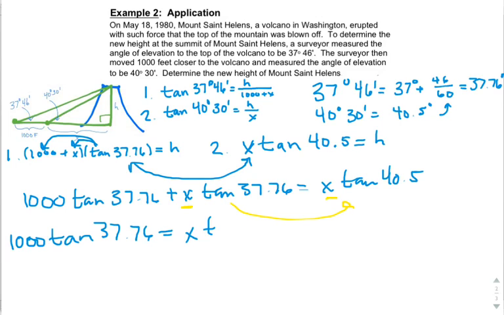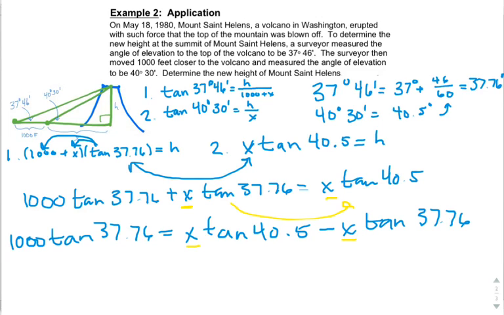times tangent of 40.5 minus x times tangent of 37.76. Now we can go ahead and factor out our x from this piece.